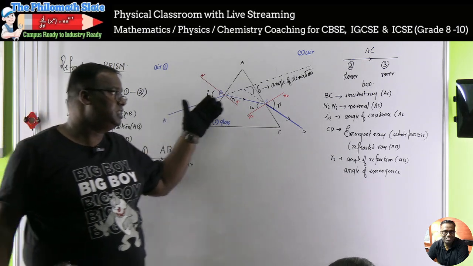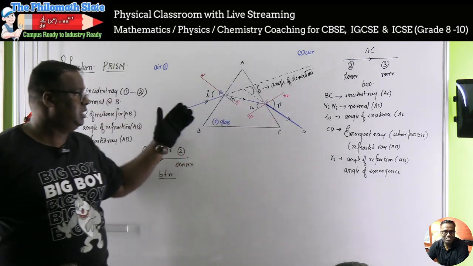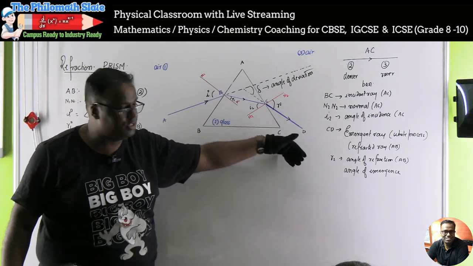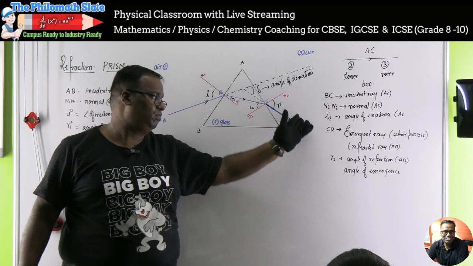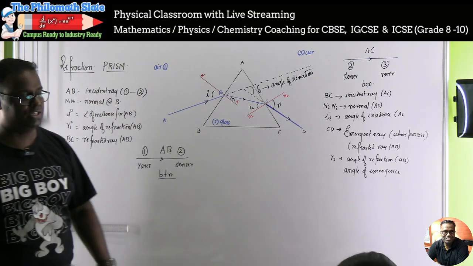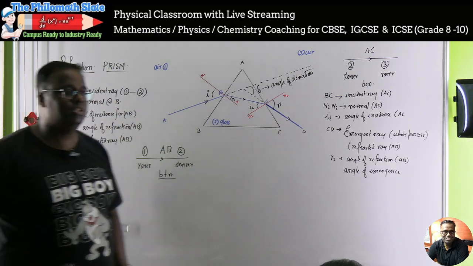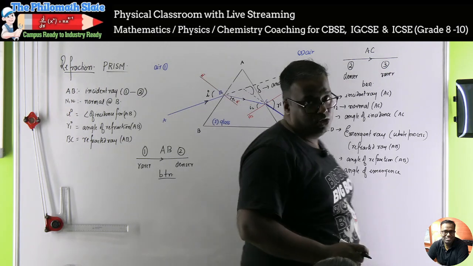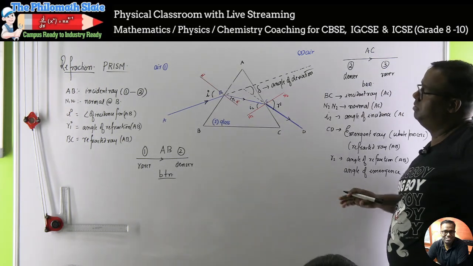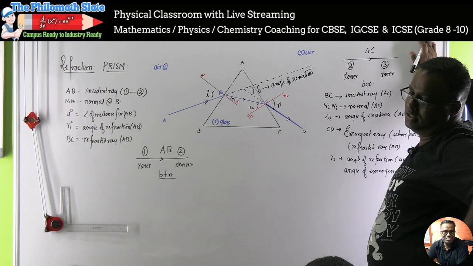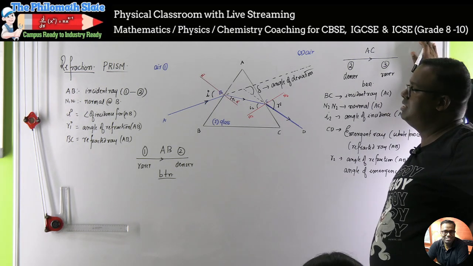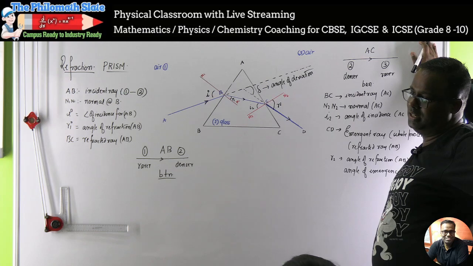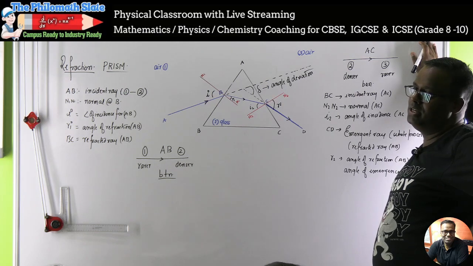The initial incident ray had to go this way, and it got deviated from its path. So the angle made by the initial incident ray and the emergent ray is known as the angle of deviation. They may ask you to sometimes draw a neat labelled diagram of a prism showing the refraction. If this question comes, it's full 5 marks. There's nothing wrong. As long as you understand, you need not memorize it.